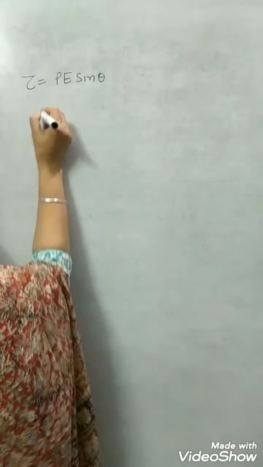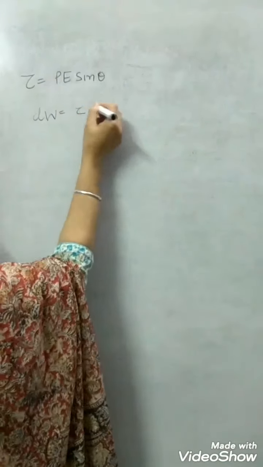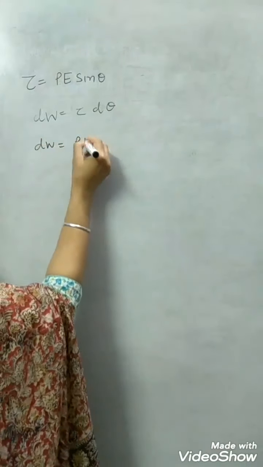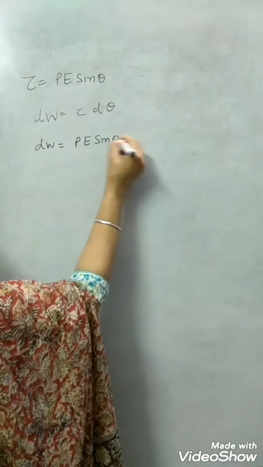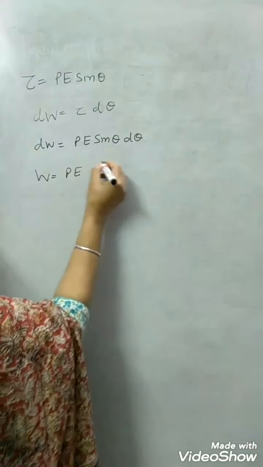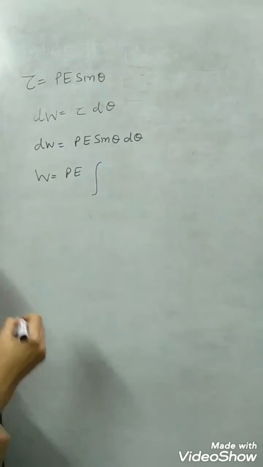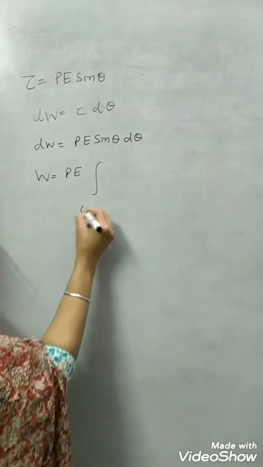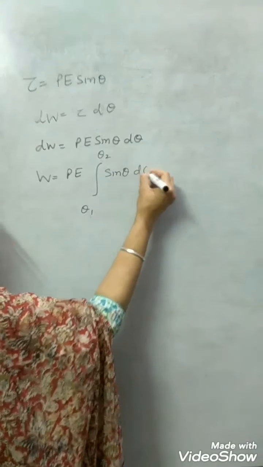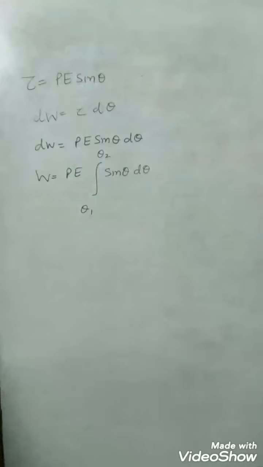For the small work done, tau d theta is PE sine theta d theta, and the total work done is PE times the integration from theta 1 to theta 2 of sine theta d theta.